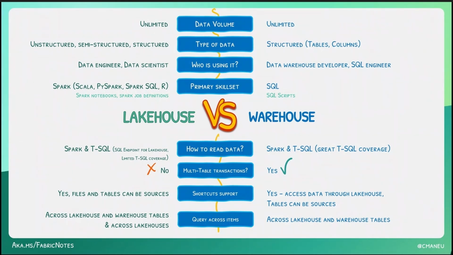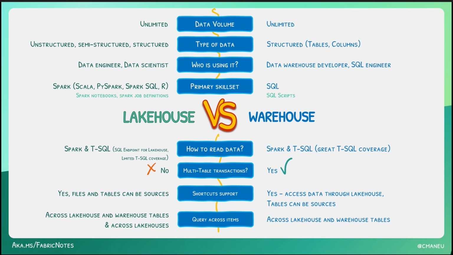But the actual answer is it's not a one or the other situation. What we're seeing as fairly common is that we talked about the different layers and the medallion architecture. So I've got a client right now whose bronze layer and silver layer are both Lakehouses.